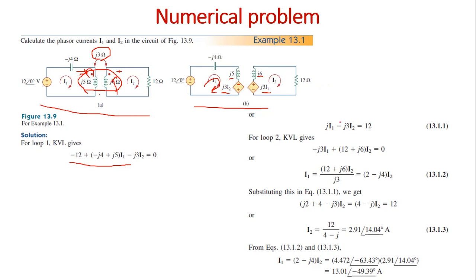Similarly in the second coil, write the KVL equation. We have 3 elements, so the sum of 3 elements is equal to 0, right? Then solve for I1 and I2 as usual. So this is how we will be solving the numerical problems involving mutual inductances.